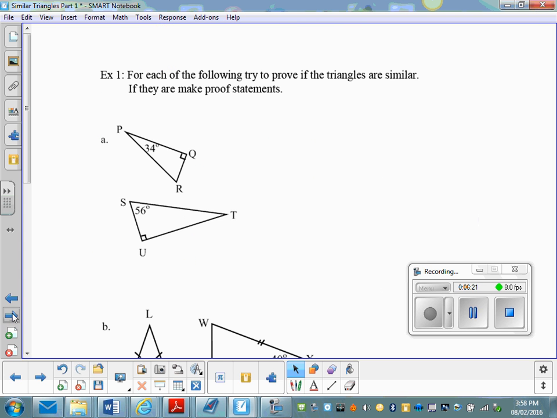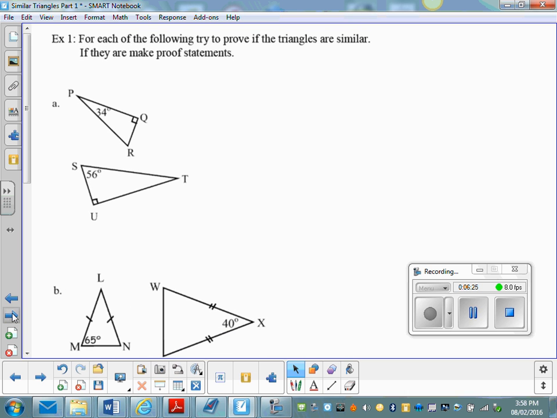So let's take a look at some examples here. For each of the following, try to prove that the triangles are similar. If they are, make proof statements. So in the first pair of triangles here, we've got triangle PQR, we've got SUT.